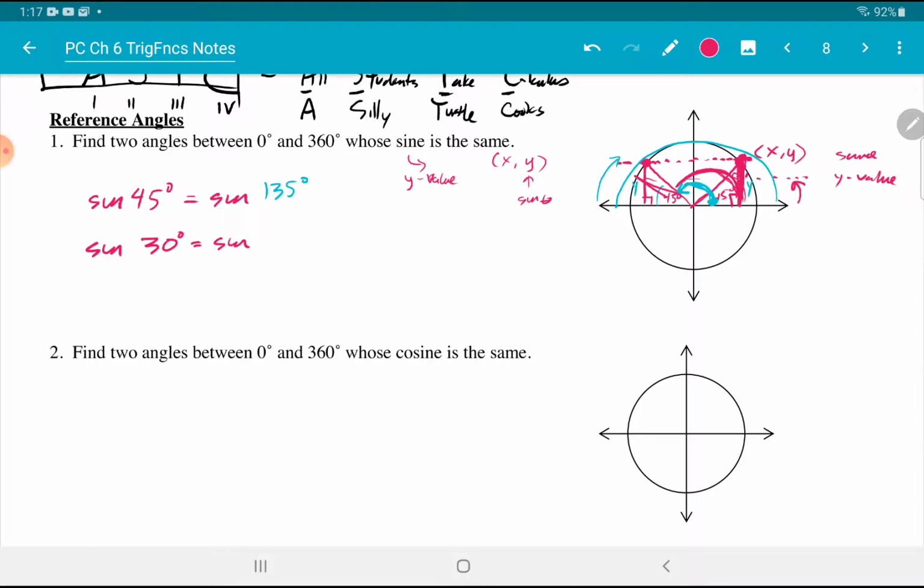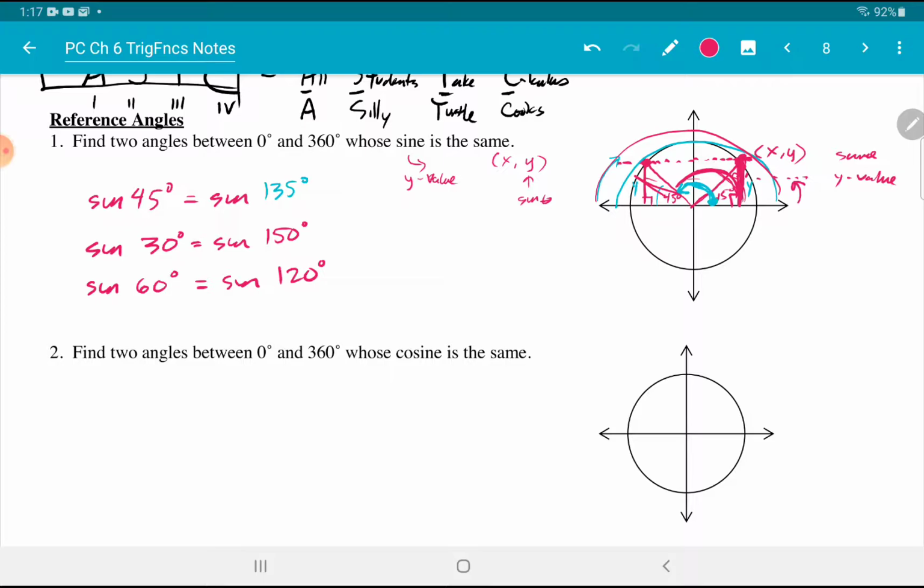Well, if we go with a full semicircle again being 180 degrees, hopefully what you see is that sine of 30 is the same as sine of 150 degrees. Okay, let's just do one more for good measure. Let's say we have sine of 60 degrees. Sine of 60 degrees is the same as sine of, I'll give you some time to think about that. And hopefully what you're thinking here is sine of 60 degrees is equal to sine of 120 degrees.